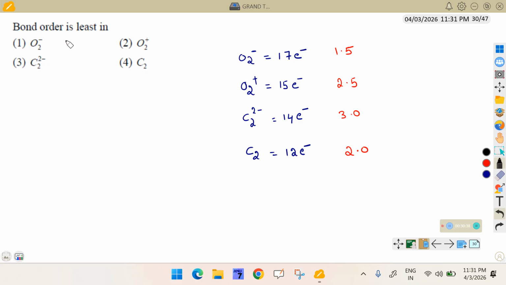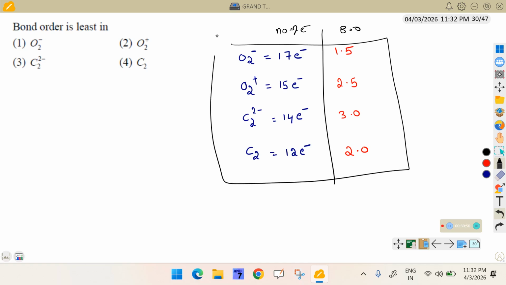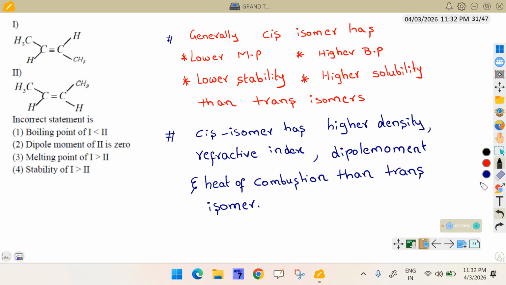Bond order is least in which species? Based on the total number of electrons, the possible bond order values. In the previous paper also, I explained clearly. Based on that, bond order is least in O2 minus. Incorrect statement: the first compound is the trans compound.